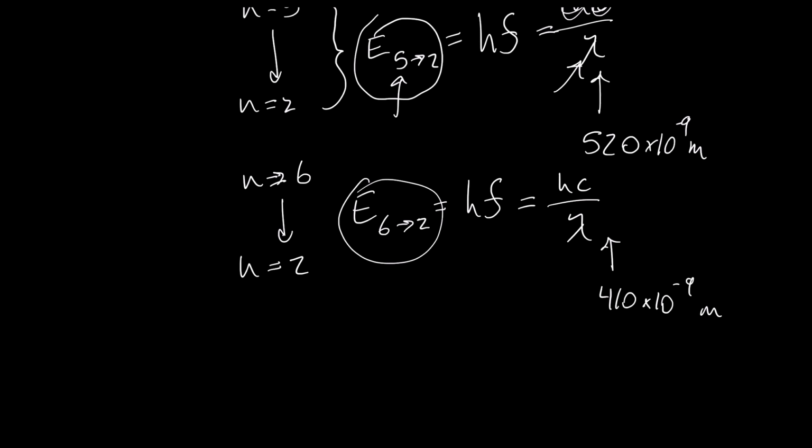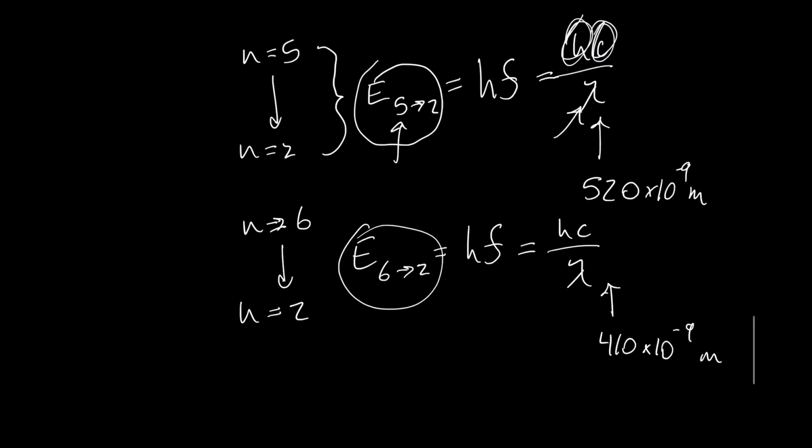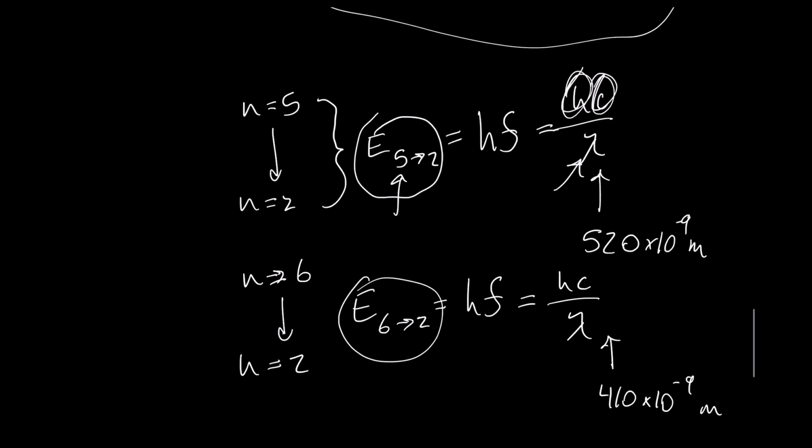And then what they say is the sixth excited state is above the fifth by, and they take this difference over here. So the energy that they calculate for this after plugging in all the numbers is 3.82 times 10 to the negative 19 joules.